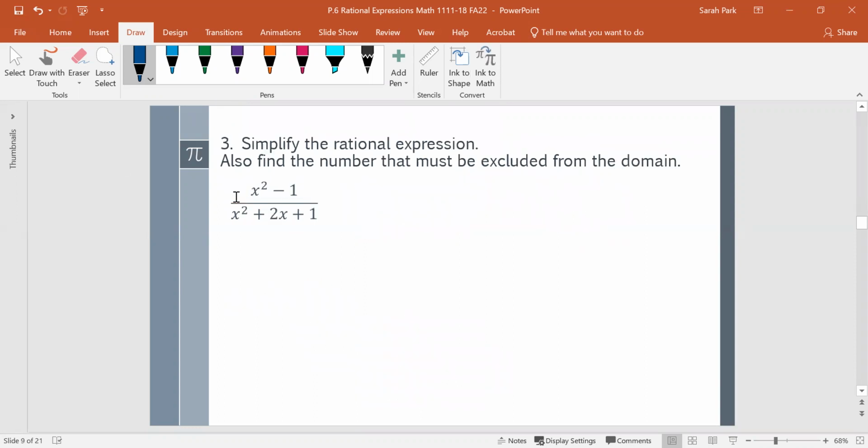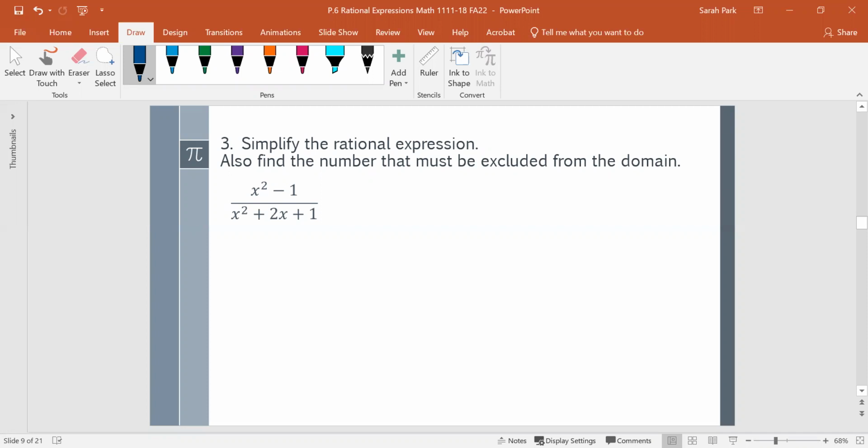Let's take a look at the next example, example 3, simplifying the rational expression and then again finding the number to be excluded from the domain. From here, we are also going to just factor.